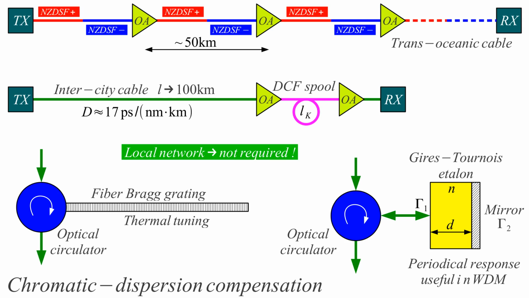One very complicated option is to use a very long fiber Bragg grating. In an optical fiber, it is possible to write a Bragg grating using an interference pattern generated by ultraviolet light.